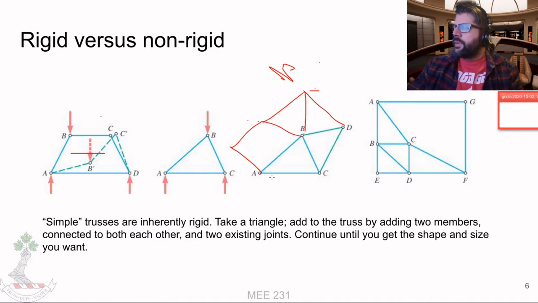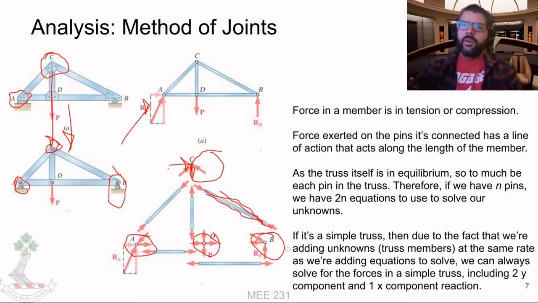And then when we do what we talked about here and add two members connected to one another and connected to two existing joints, essentially what we're doing is adding two unknowns in the form of the forces in the members themselves, and we're adding two equations in the form of the x equilibrium at the new joint and the y equilibrium at the new joint.